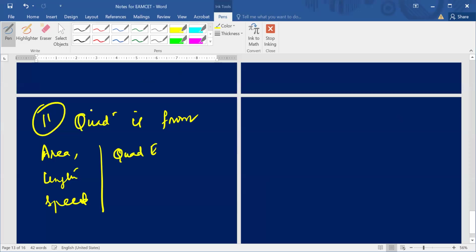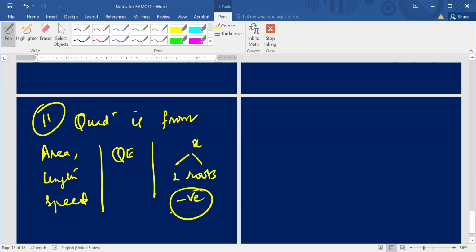When we are saying quadratic equation, we know that it has two roots. x will have two roots. But if any of the roots is negative, then remember, because area, length, and speed cannot be negative, you should take only the positive value among the roots you are trying to get. That's very, very important to write.